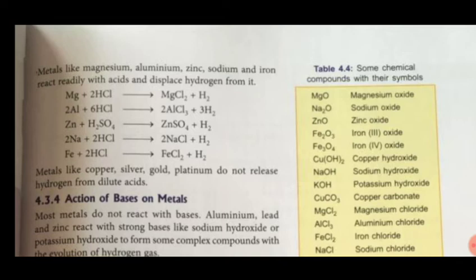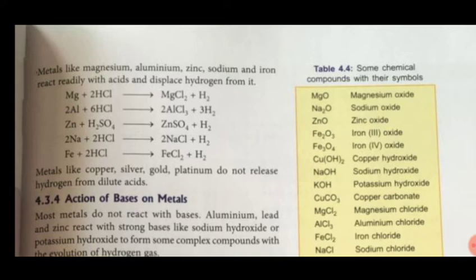As HNO3 is a very strong oxidizing agent, it simply oxidizes the hydrogen to form water, and that is why the hydrogen gas is not liberated. The HNO3 oxidizes H2 to H2O and itself reduces to the oxides of nitrogen, that is NO or NO2.